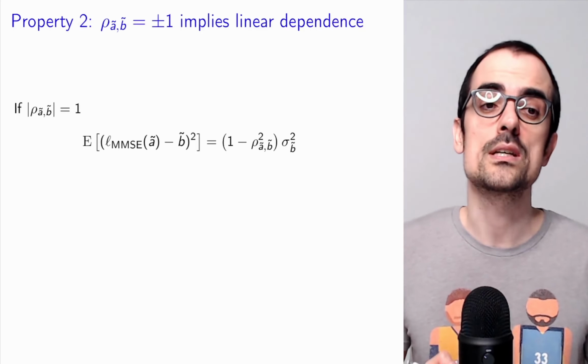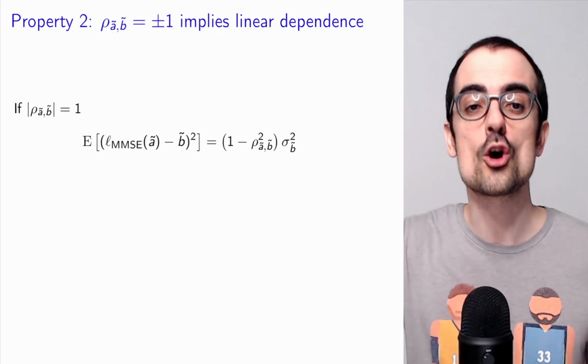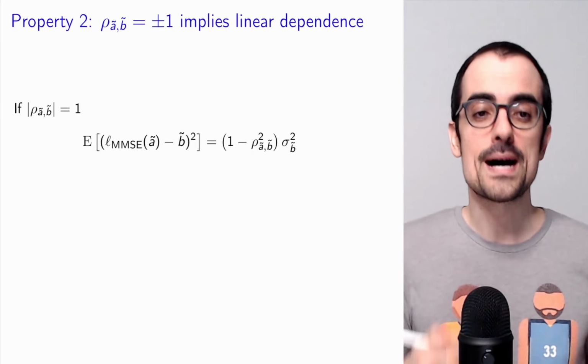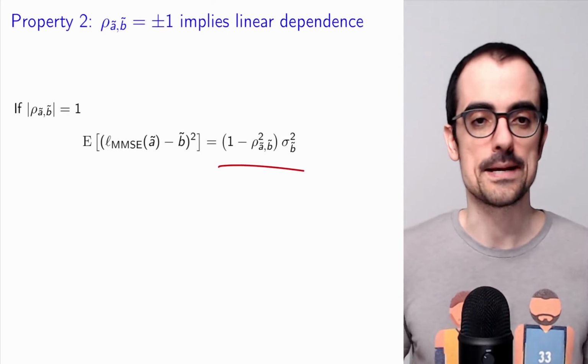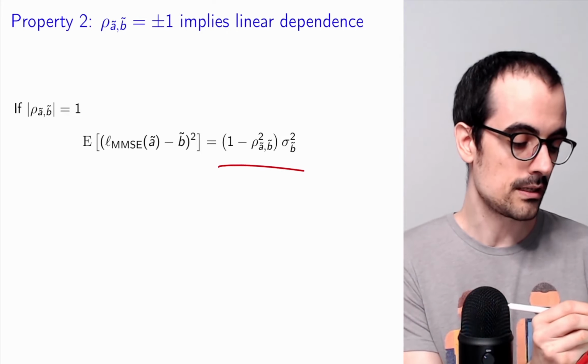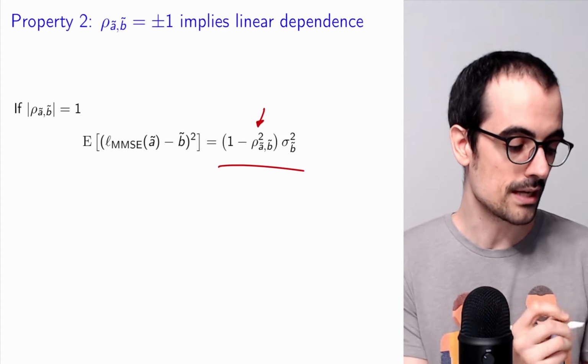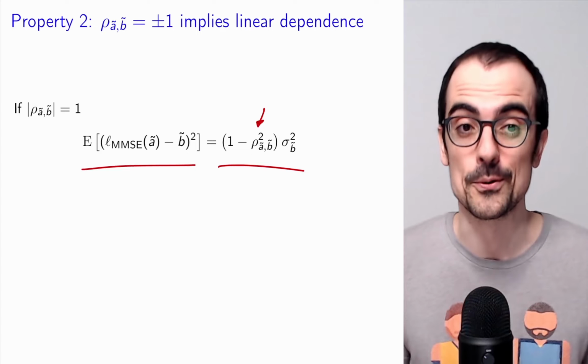Why is this important? It's important because if the correlation coefficient is equal to 1 or -1, then we go back to our formula that gives us the mean squared error. And in this formula, we see that if the square of the correlation coefficient is equal to 1, the mean squared error is 0.